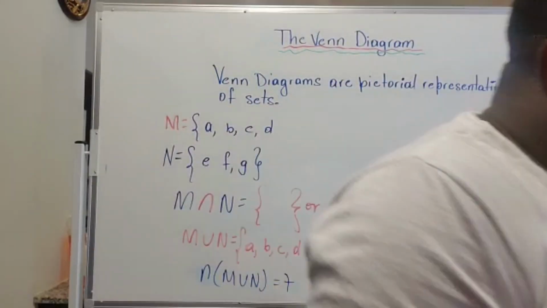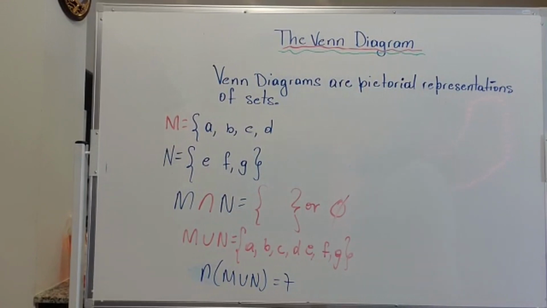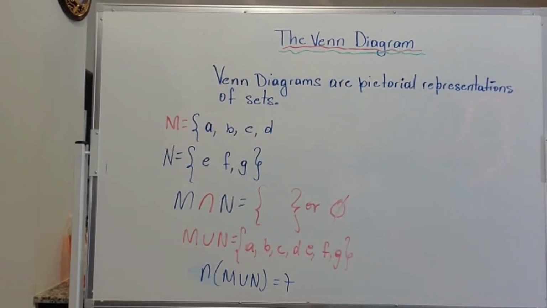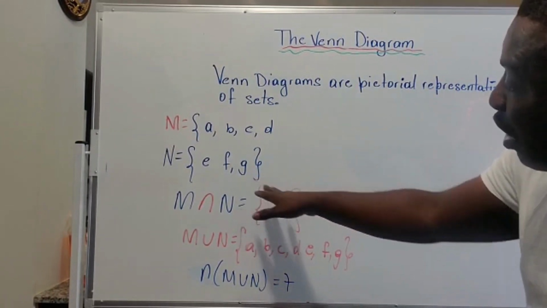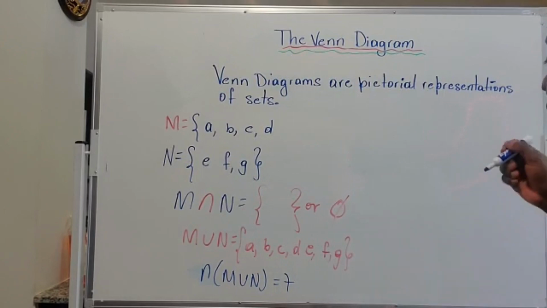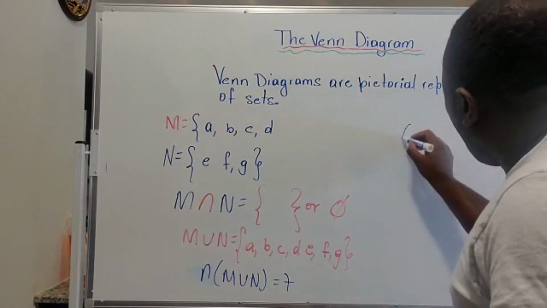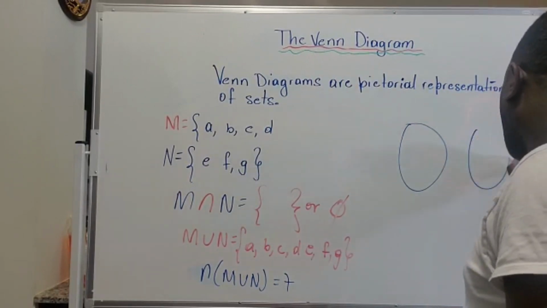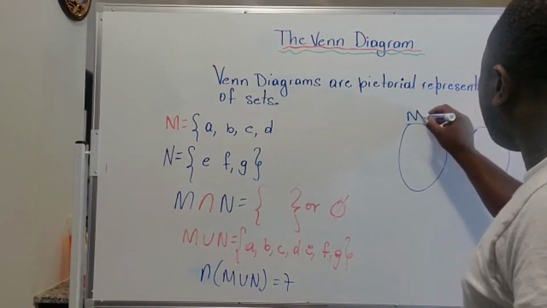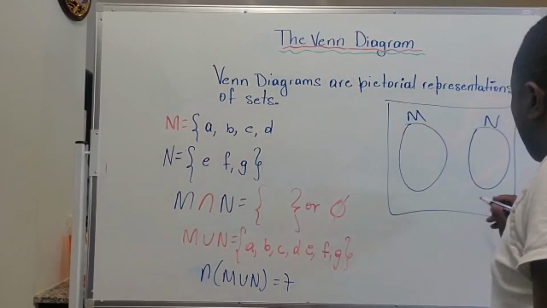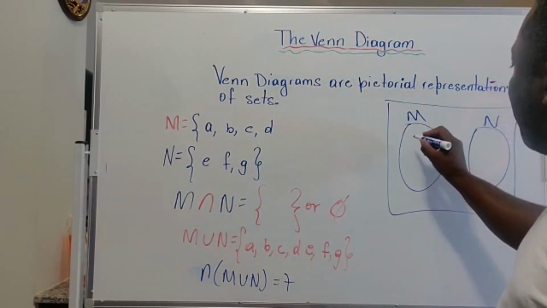Now, can we represent this information on a Venn diagram? Is the answer yes? Yes, we can. There's no common element between both sets. So we know then that the sets do not intersect. But one circle can represent M, this will represent N. What are the elements of M?